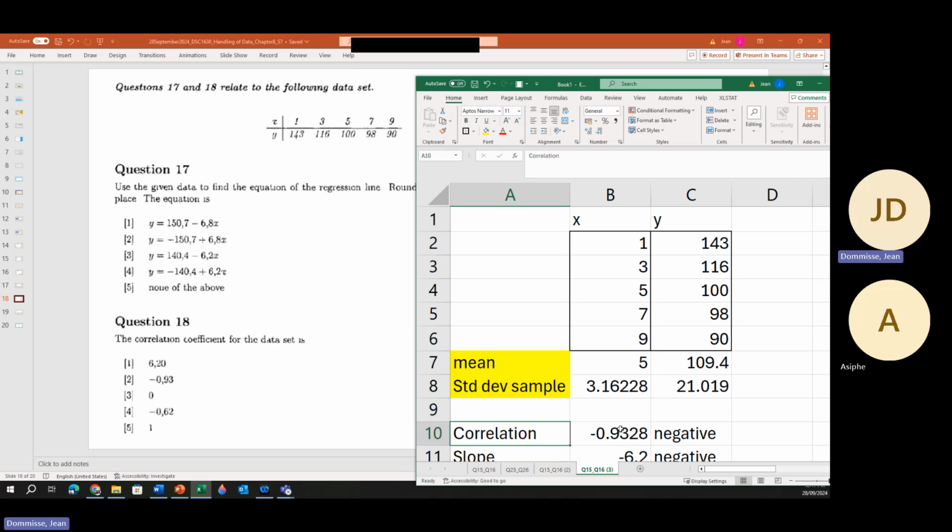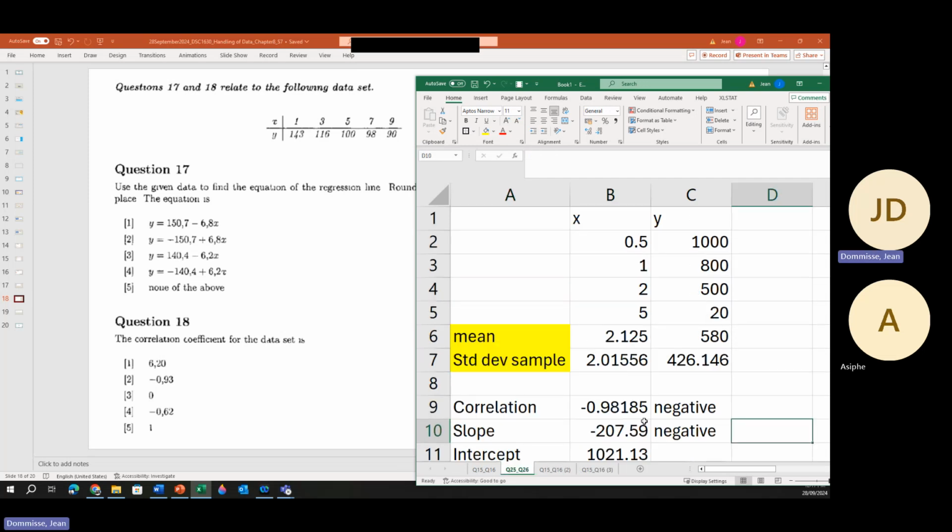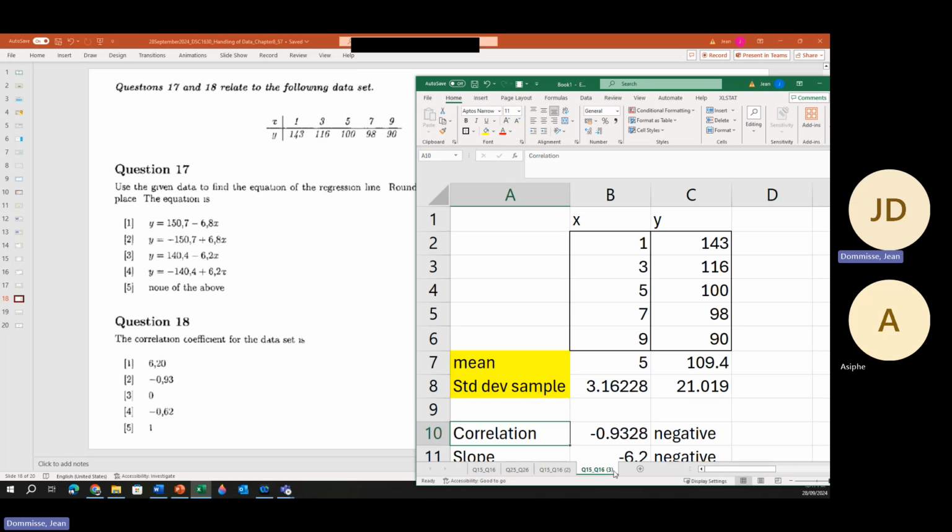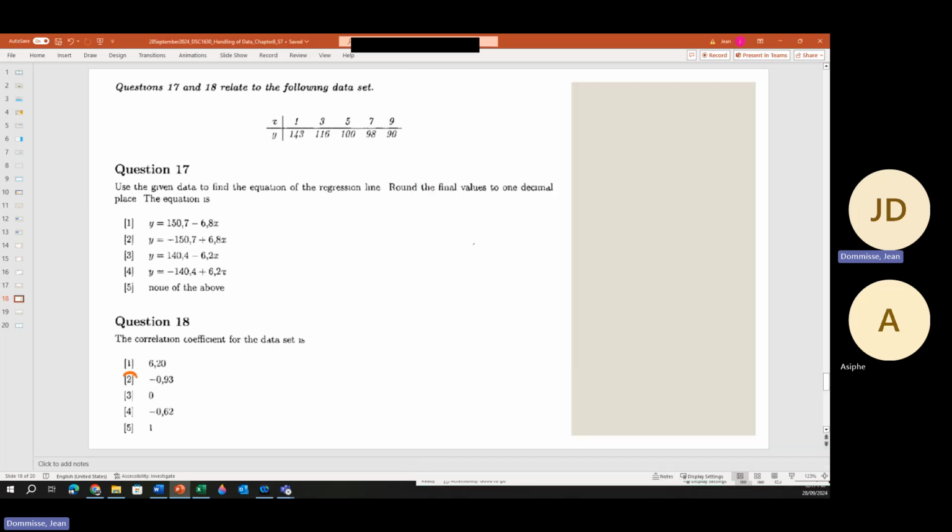So the correlation, again, is negative. Just want to make sure that's okay. So it's again negative. That tells me that when we need to work with the slope, that should also be negative. So just linking the two again. Correlation, they only ask it in the second set of questions, but there we have it as minus 0.93.